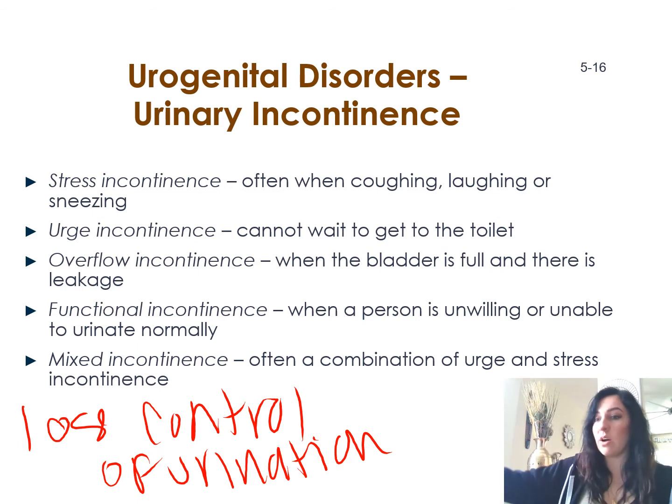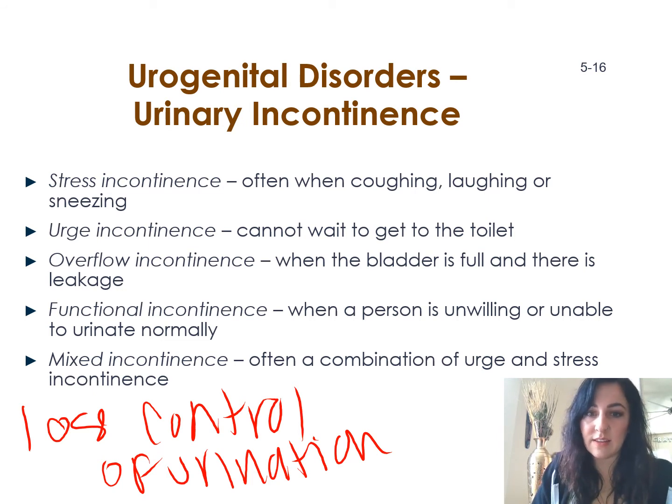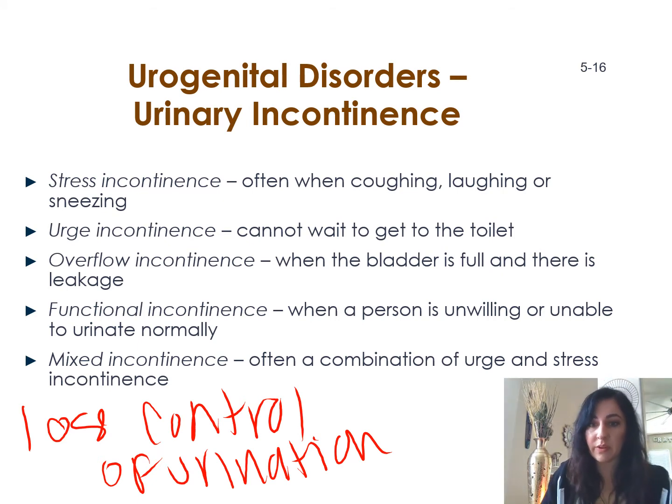You can't even walk over there, it's just going to come out. Then you have overflow incontinence, when the bladder is full and it's leaking. Then we have functional incontinence, when a person is unwilling or unable to urinate normally.